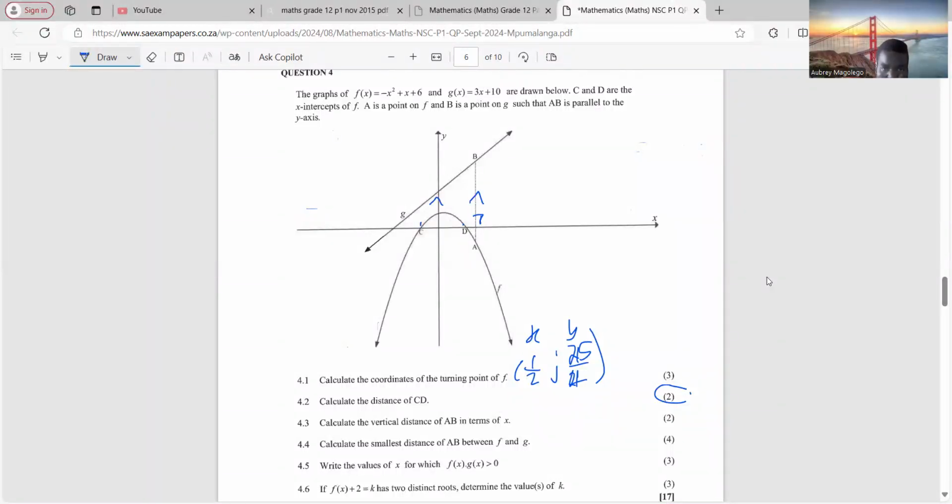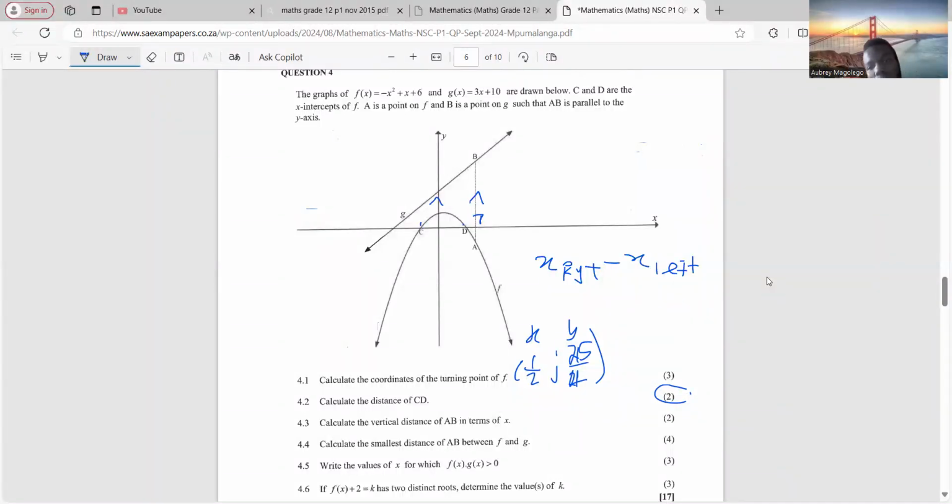When you're solving a distance that is parallel to the x-axis, to get the distance of that line or those 2 points, we say x right minus x left. If we have a distance like AB, and they say we must find the distance AB, since AB is parallel to the y-axis, this is a vertical line.